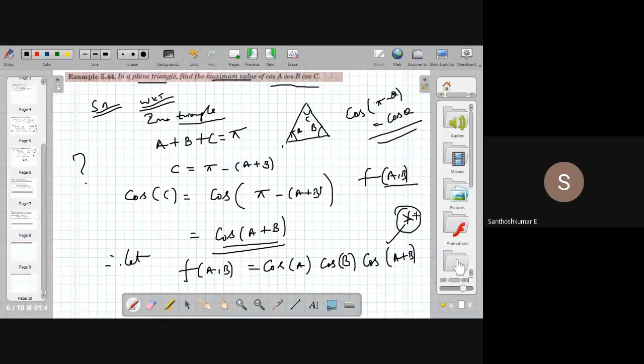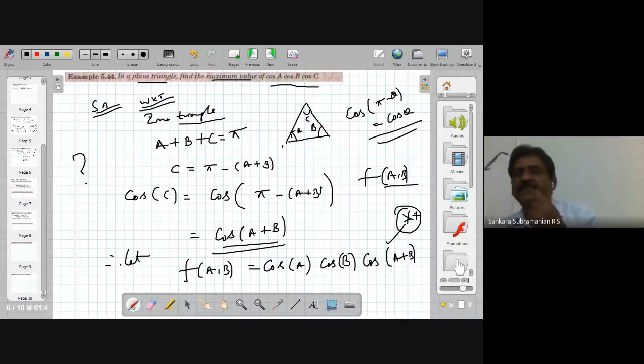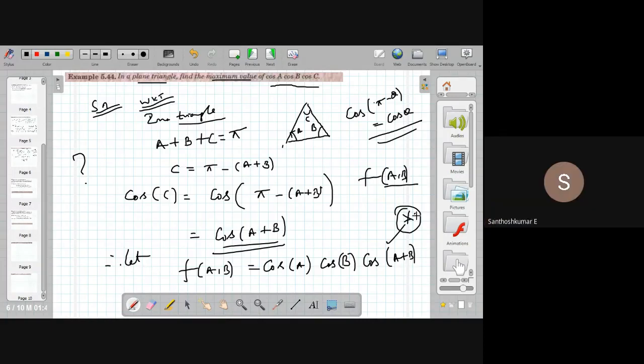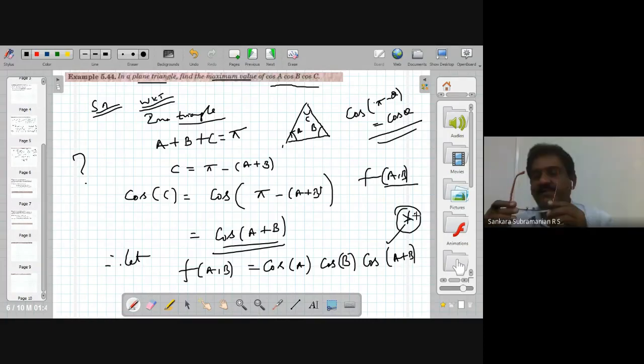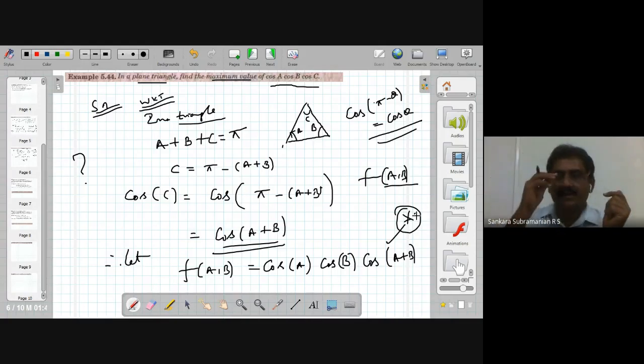Find dou f by dou A. Well done. Don't say dou x, because the function is in terms of A and B, not in terms of x and y.